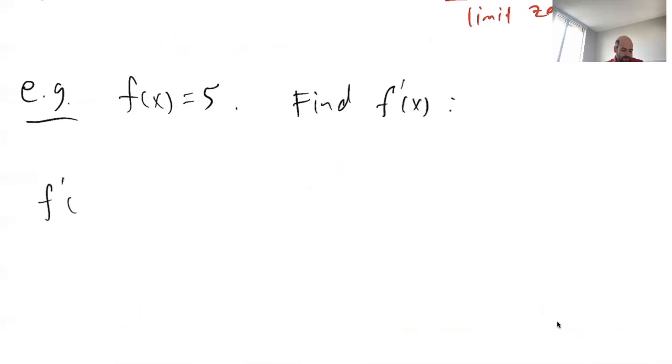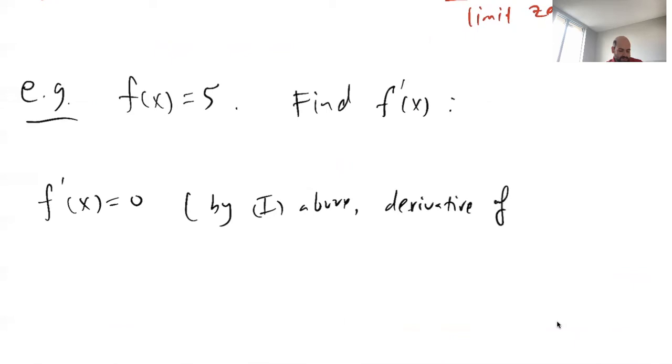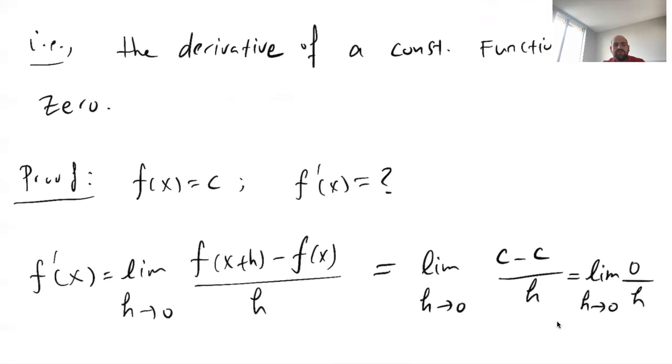So f prime of x will be 0, because by rule 1 above, the derivative of a constant function is 0. Okay, so this is the first and simplest rule of derivative, that the derivative of a constant function is 0.